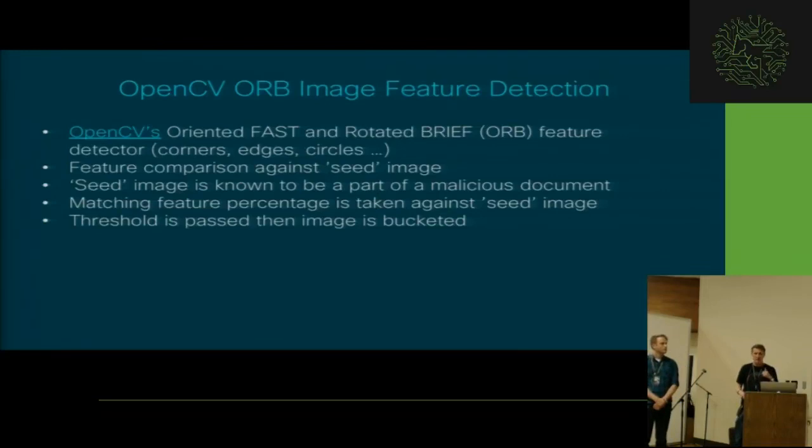I found their ORB algorithm, which is oriented FAST and rotated BRIEF, is fantastic for clustering images. Essentially what I did was take an image that's known to be malicious or associated with malicious documents, use that as a seed image, and then compare it against what we've defined as clean documents for a certain number of days.